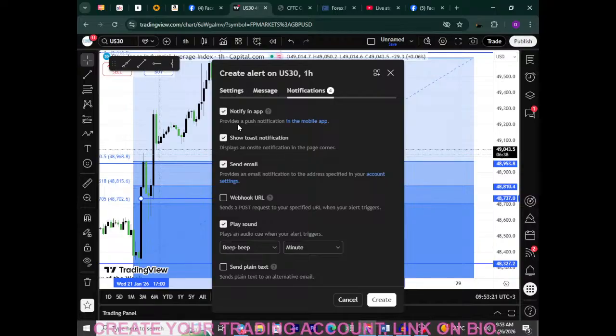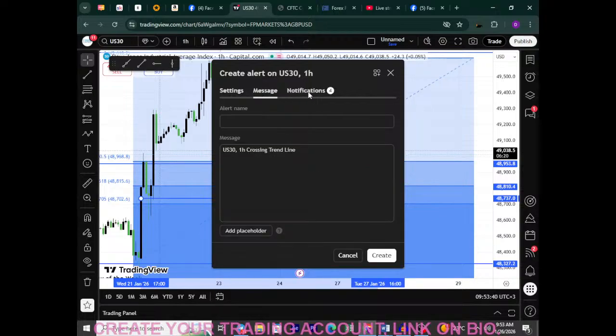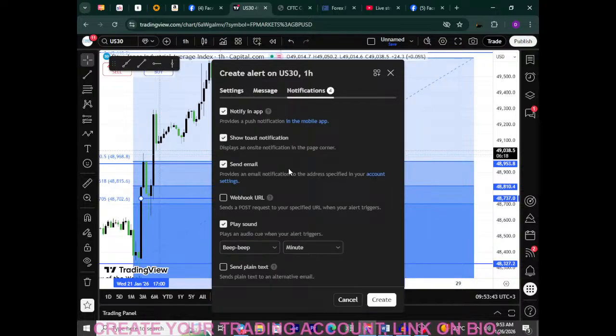It provides a push notification in the mobile app. So you need to have the TradingView mobile app on your phone to get those alerts fast. But I don't have that mobile app on my phone, so most times I get that alert on my email.